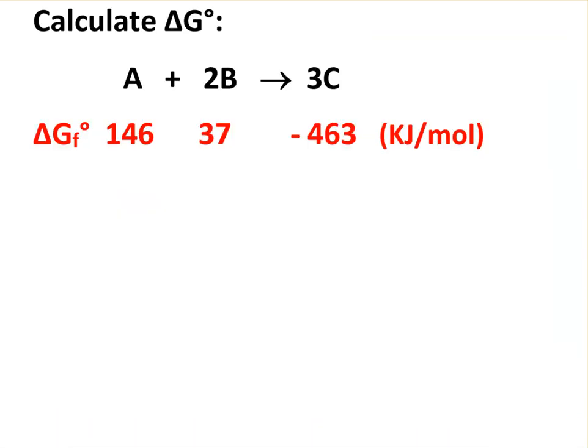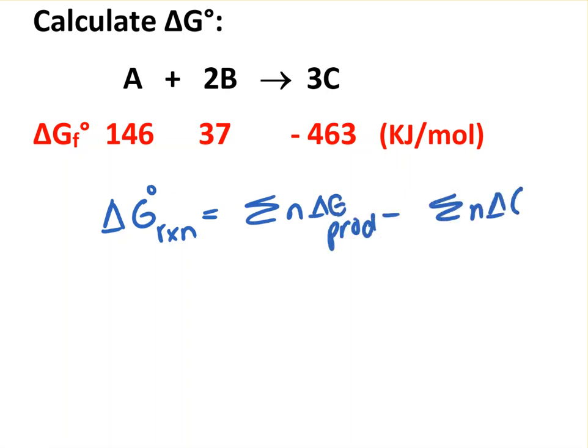In this example, we're given our Gibbs free energies, and we're going to basically just subtract products minus reactants. And again, we're using the coefficients.